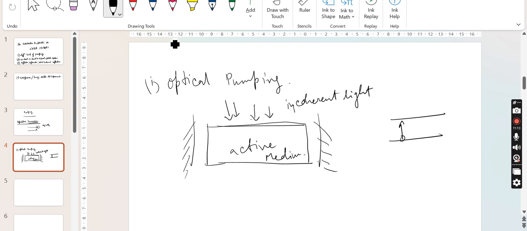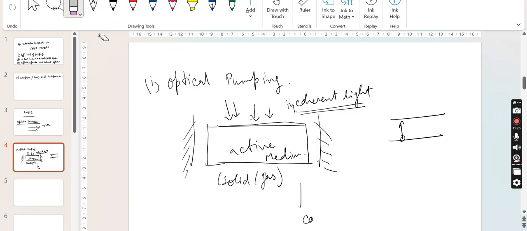So here, for an active medium of solid or liquid, for optical pumping, incoherent light is needed. And then we will get coherent light. This is a partially silvered mirror, so we get coherent light from this direction.